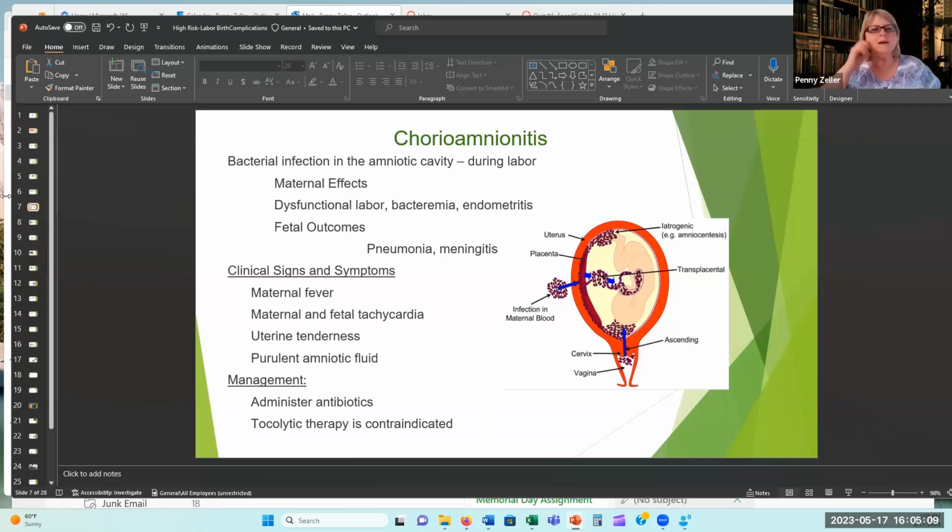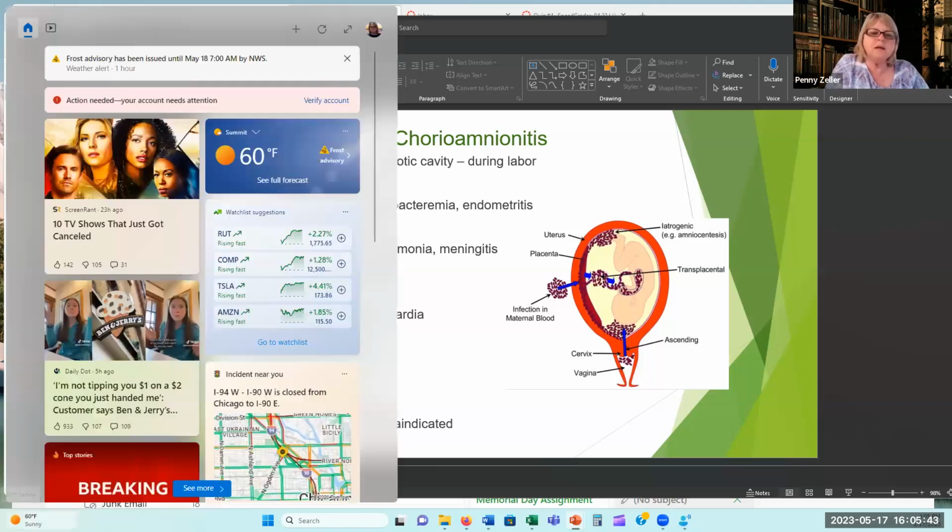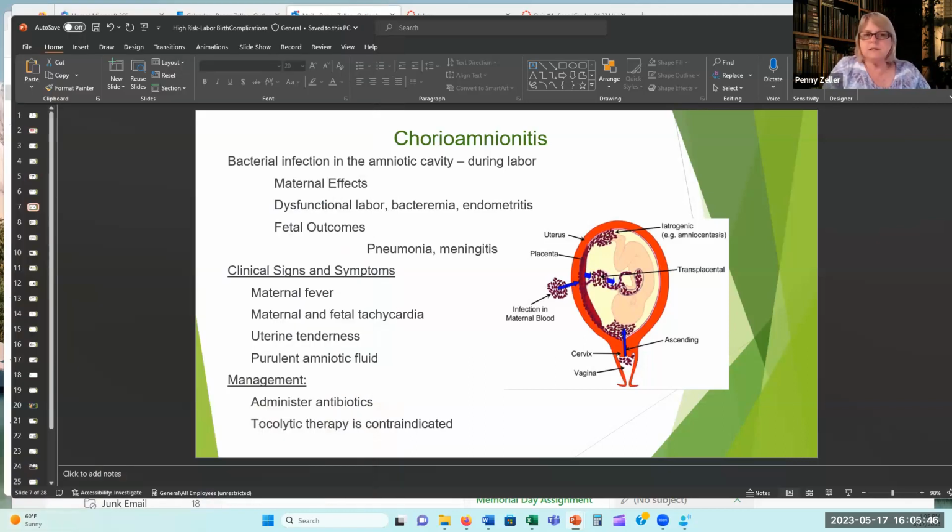You're thinking, what do you mean they invade through the skin? Yes, it can invade through the skin. The abdominal wall could have an infection that invades the uterus. Some clinical signs of an infection of the uterus are fever and tachycardia, a temperature of 101 or higher, uterine tenderness, and foul smelling purulent amniotic fluid.